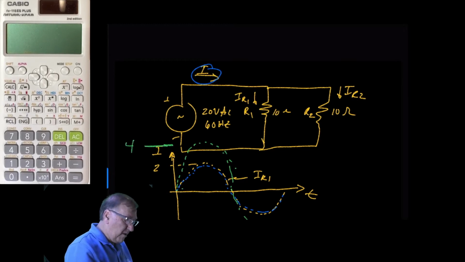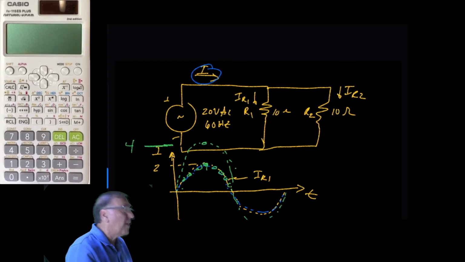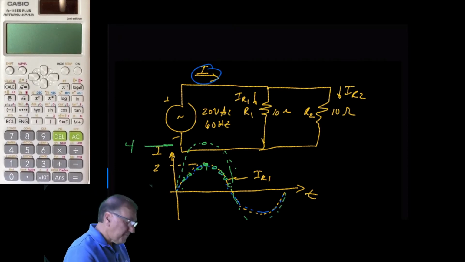Basically, you could do an addition at every point along here and plot that wave. Right at the peak, you'd have 2 plus 2, which is 4. That's why you get the 4 amps. So that sine wave would look like that, twice the amplitude of the 2.